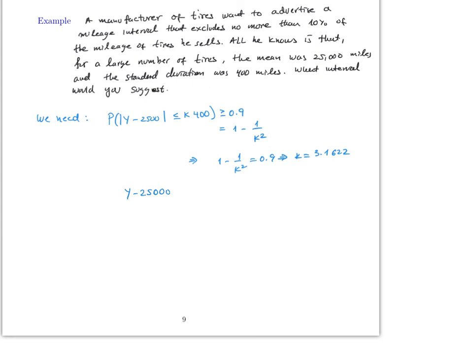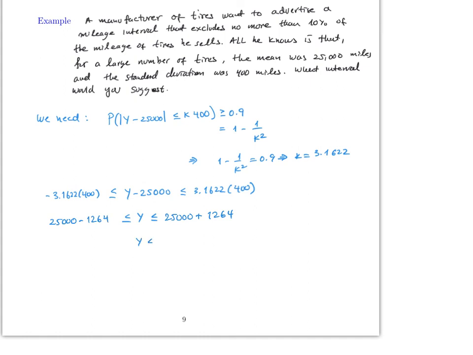All right, so from here we now have that Y minus 25,000 has to be between k, which is 3.1622 times 400, and minus k, which is minus 3.1622 times 400. So if you multiply and solve for Y, it will be between 25,000 plus 1,264, and 25,000 minus 1,264.